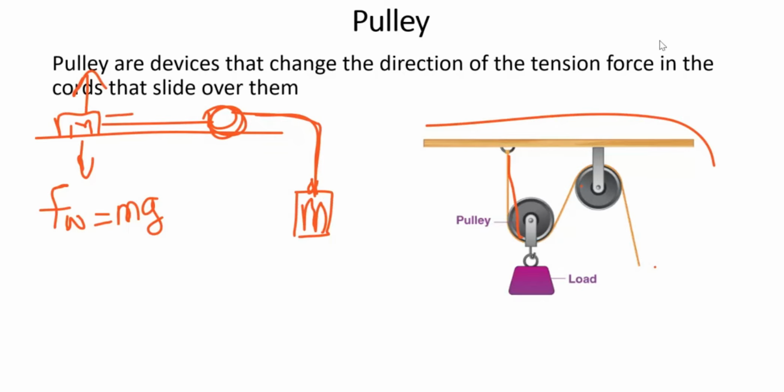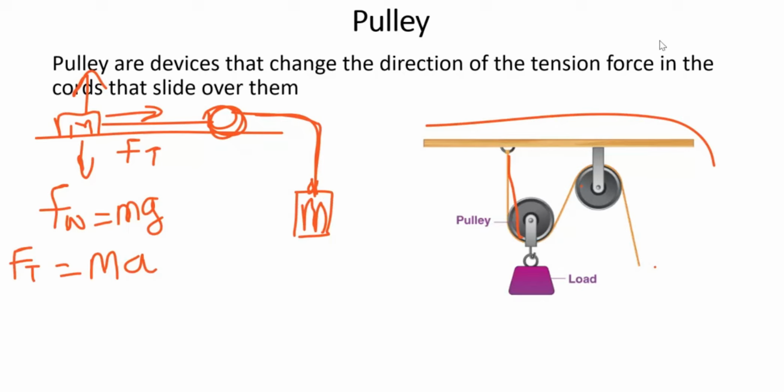Then here is the force of tension, the force of the rope. In this case, the force of tension is equal to the force of the weight. So here the Ft is equal to ma on the table.